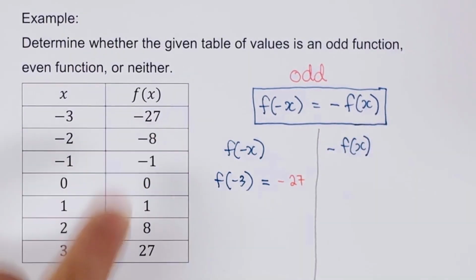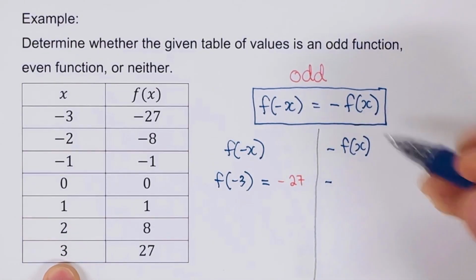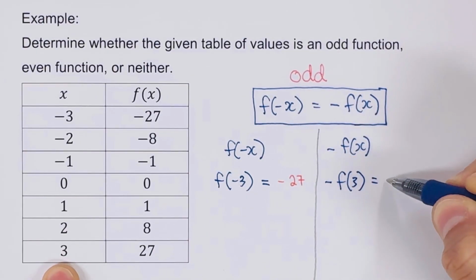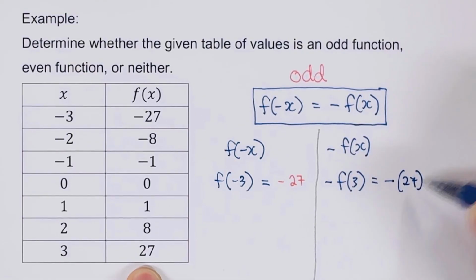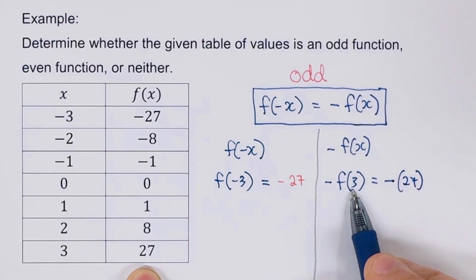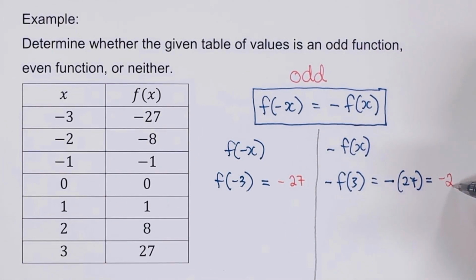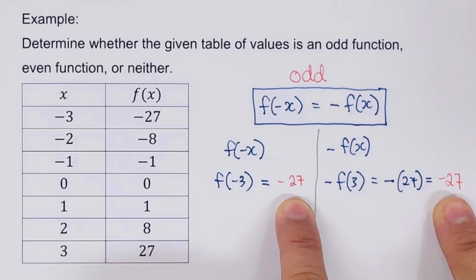Now if I take the negative of f of 3, which is 27, so that's the negative of 27, the value for this is negative 27. Now notice that their values are equal. This shows that f of negative x is equal to negative f of x.